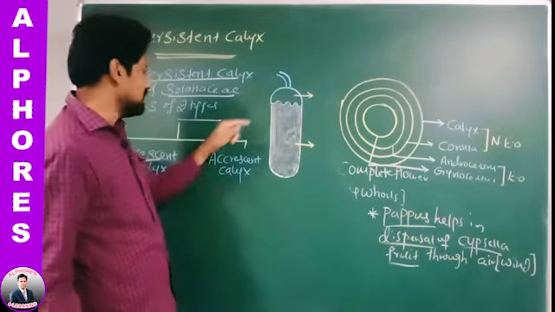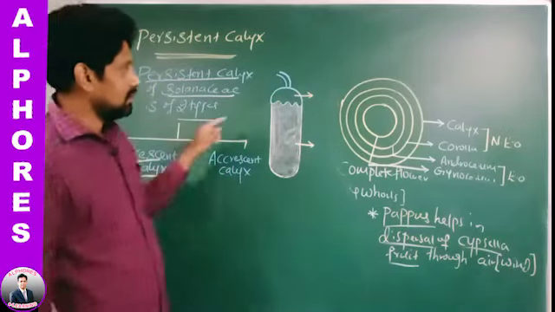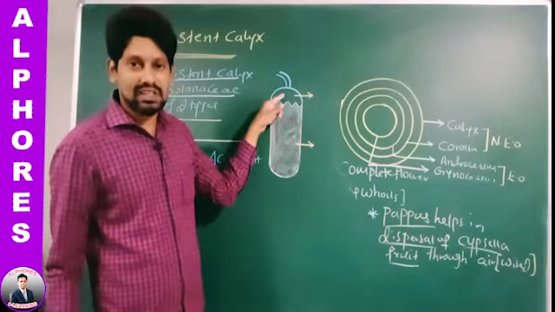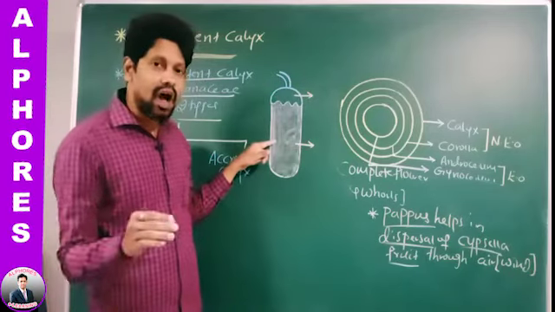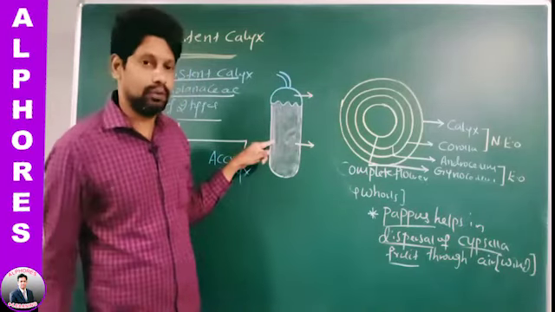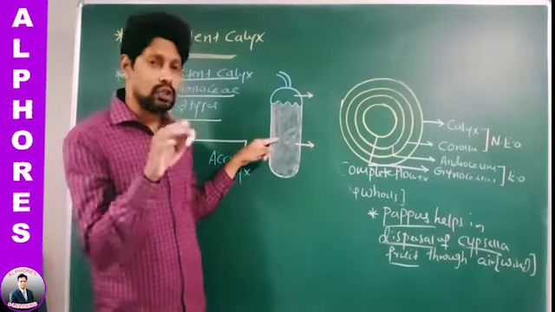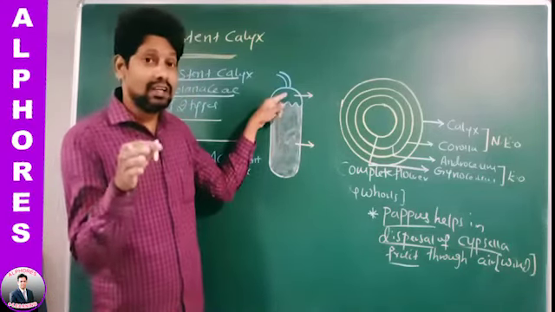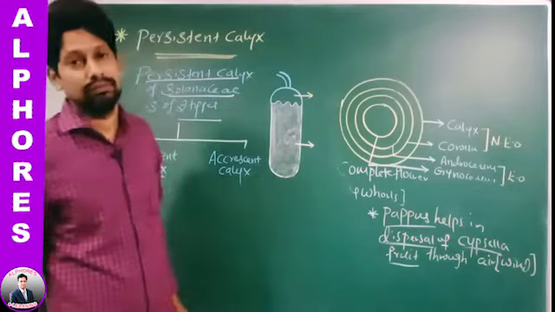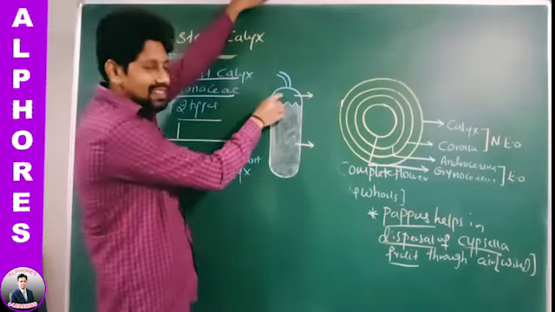Therefore, what is the meaning of marcescent calyx? The persistent calyx which is present along with the true fruit but does not grow along with the true fruit. Sir, this is the persistent calyx.